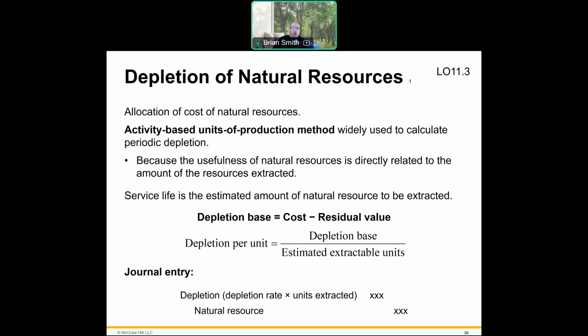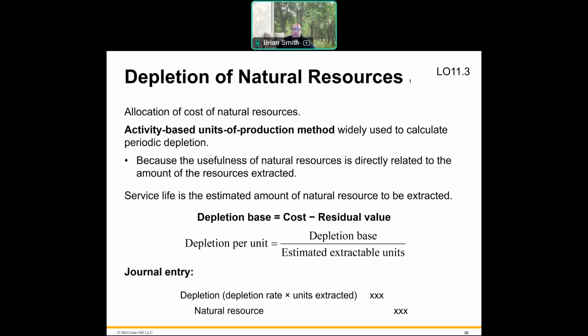Now, I'm not sure if it's going to do this in a later slide, but we also have to consider how much it's going to cost us to restore the land back to a more natural condition. Most governments aren't going to let a company come in, mine someplace out, and then leave all these open mines and shafts for people to go into and have accidents.